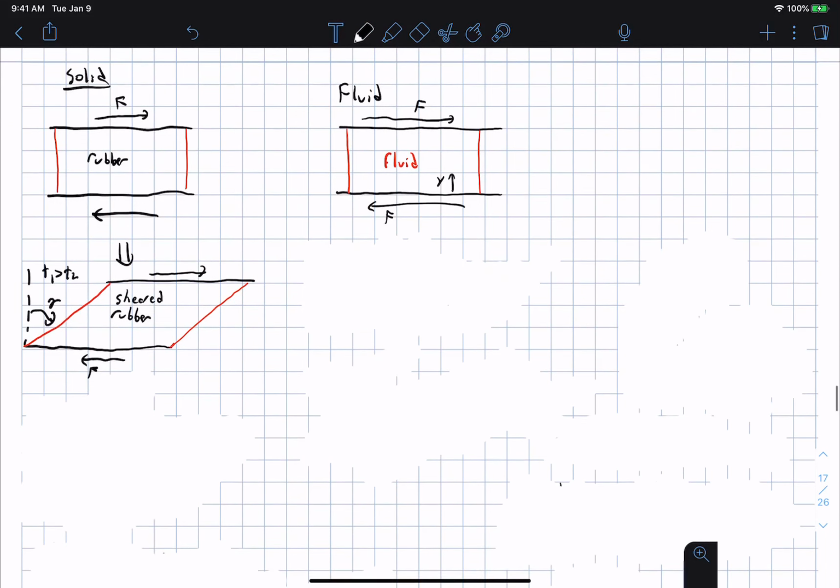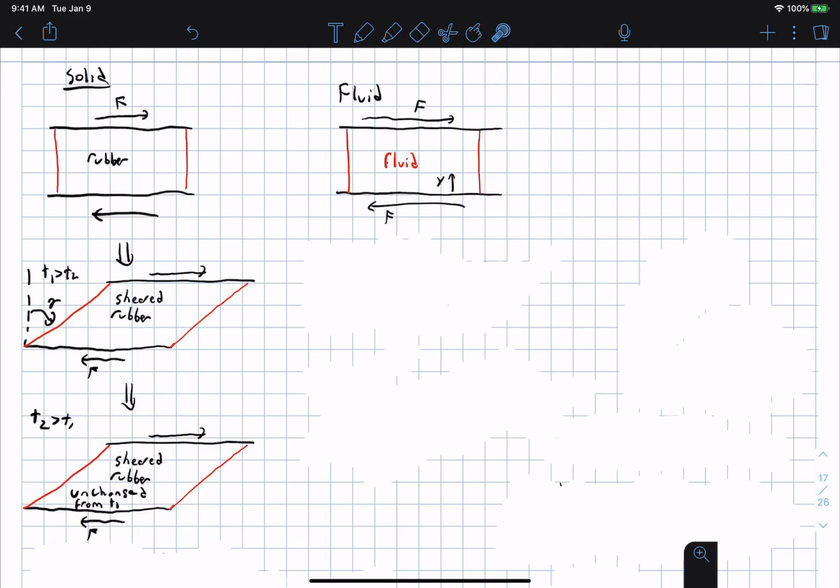Okay, and that gamma is actually related to a strain. So you've basically induced a shear strain onto this chunk of rubber, which basically means you have rotated it. But if I keep applying the force and time goes on, it basically stays unchanged.